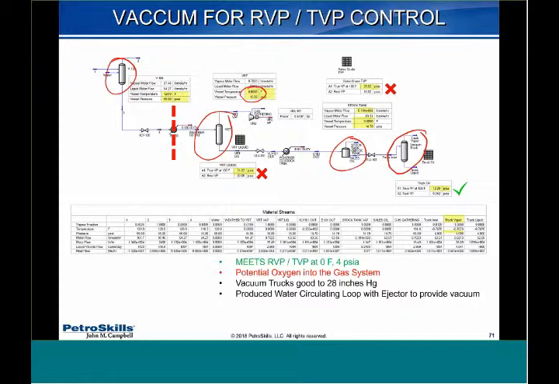So in this example, although all the fluid was at 0, I took it down with a vacuum of 10 pounds. Most of the vac trucks can go down to 28 inches of mercury. So again, the downside of this is you don't like to have vacuum for oxygen ingress when you're dealing with hydrocarbon systems. But anytime you transfer this fluid when the vapor pressure is high, it's going to be degassing and boiling anyway.